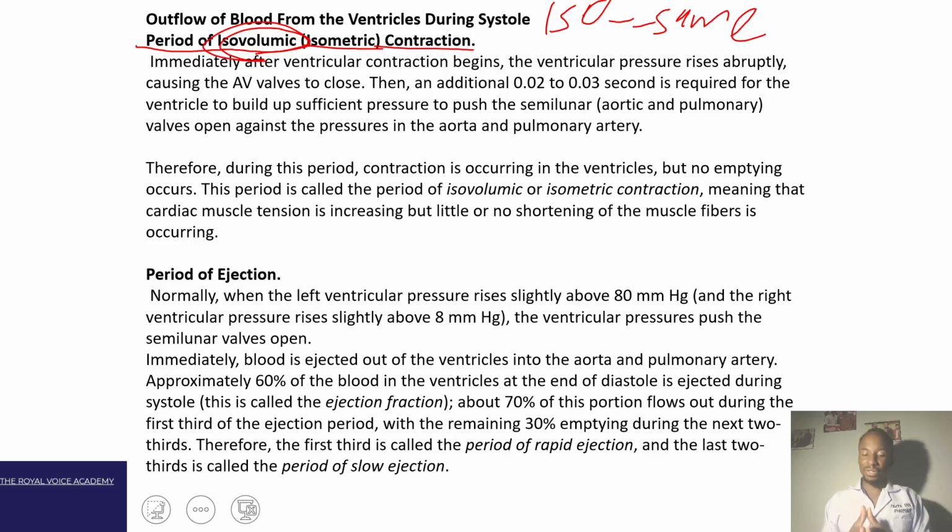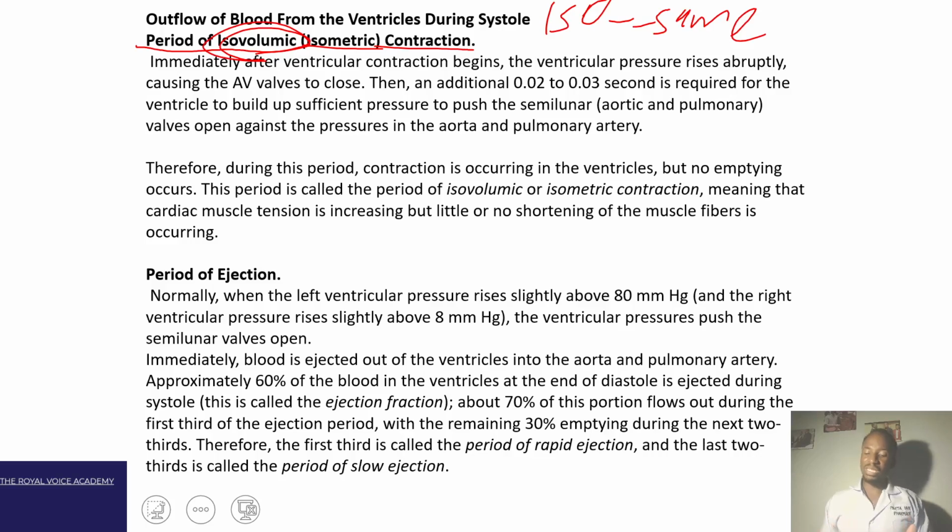When we are beginning our ventricular contraction, the volume will not change, because you've closed your semilunar valves, so there's no blood going out, and you've also closed your atrioventricular valves, so there's no blood coming in. The volume is the same. That is what we call isovolumic contraction.